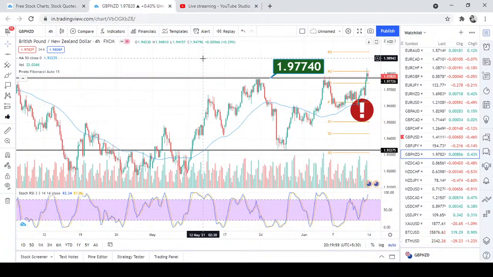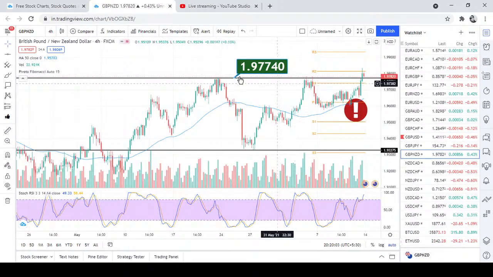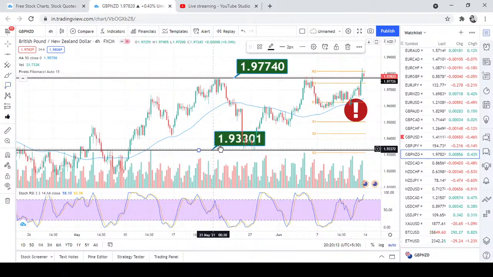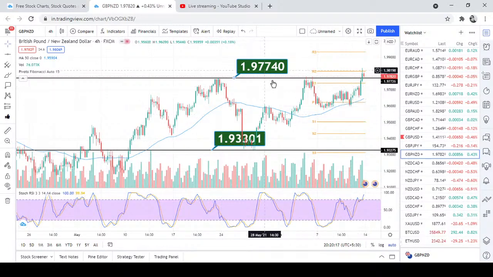You can see that I have two lines here, already drawn: 1.9774, and 1.9330. These two are the levels on this chart right now.